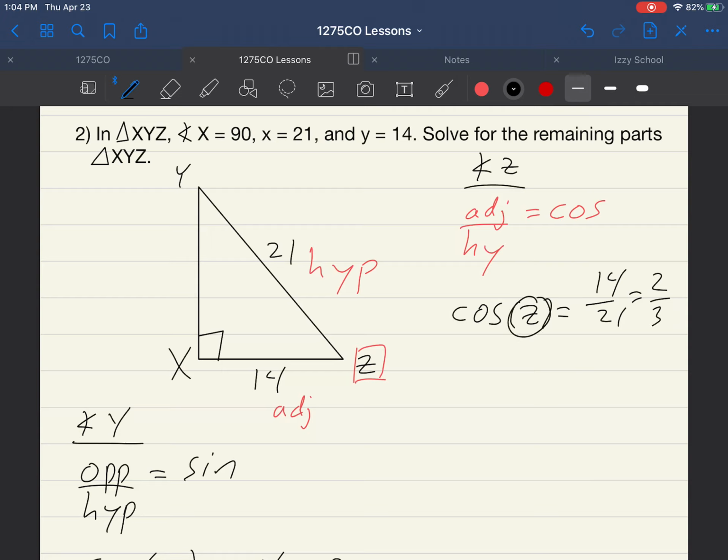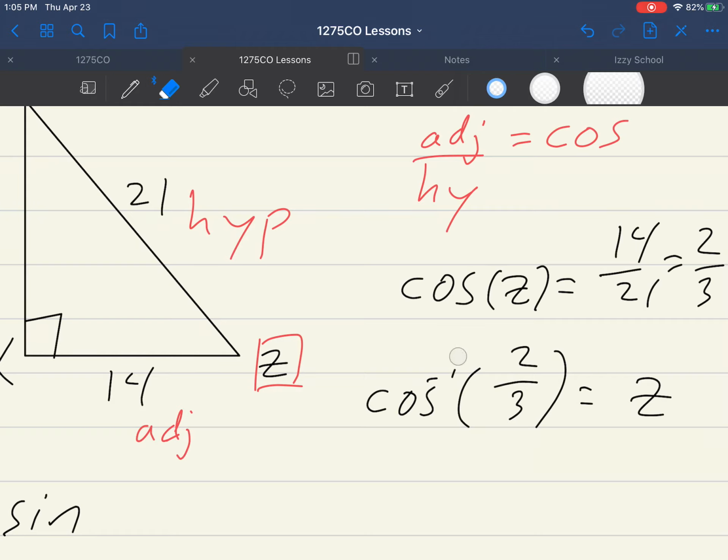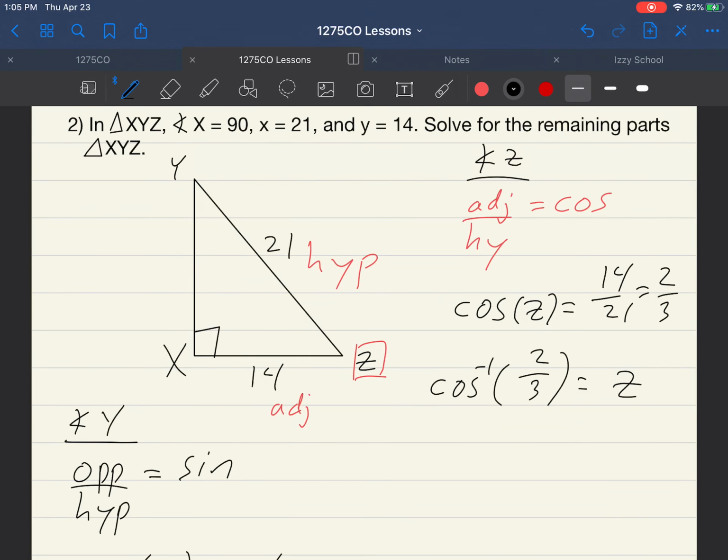which again is equal to 2 over 3. So we're missing the value of the angle, which means that we're going to be using the inverse cosine function. So the inverse cosine of 2 over 3 is going to equal z. And again, this looks like an exponent of -1, but something you should know is that it's not. This is just the way inverses are written in shorthand.